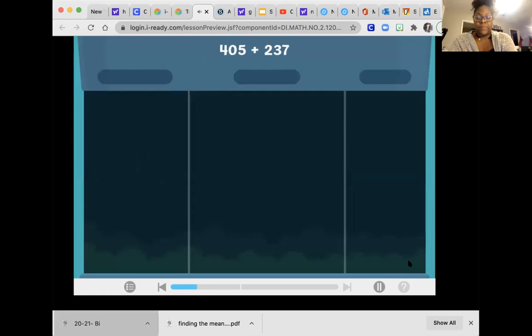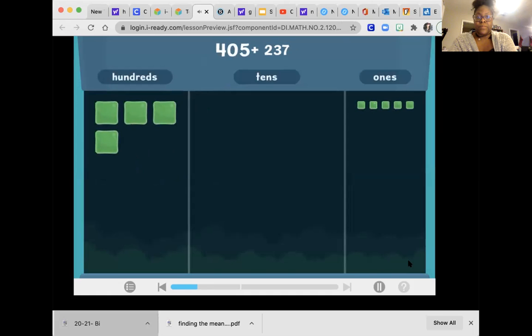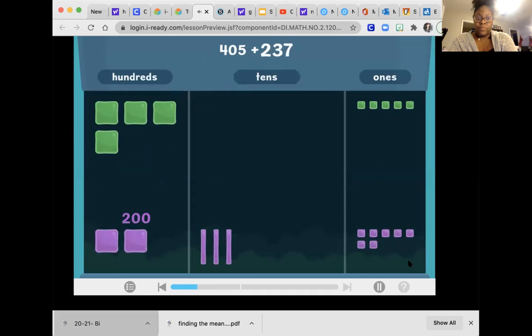Let's find 405 plus 237. 405 is 4 hundreds, 0 tens, and 5 ones. 237 is 2 hundreds, 3 tens, and 7 ones. Tap the buttons to move the blocks together.